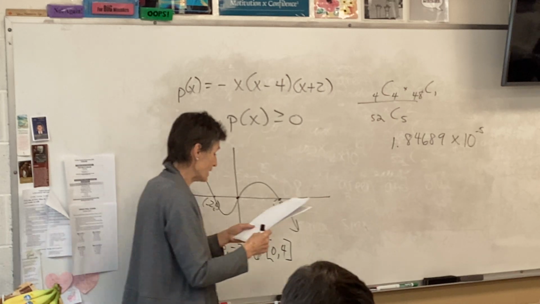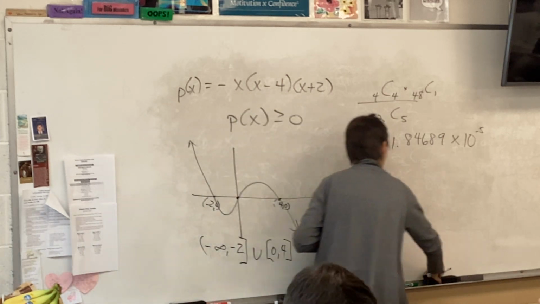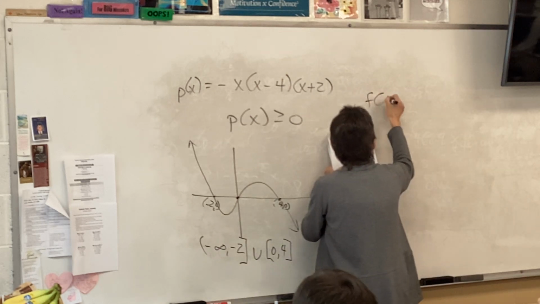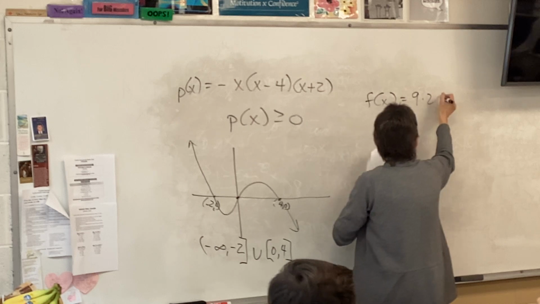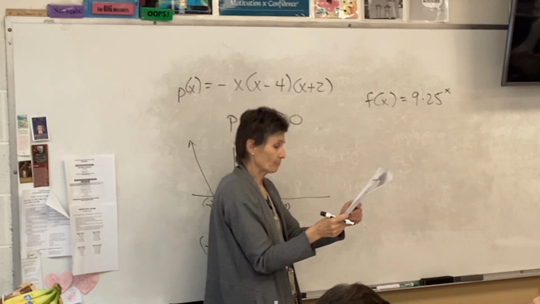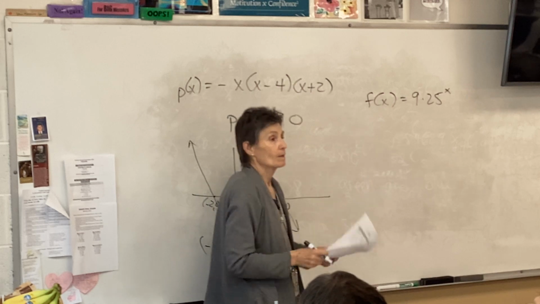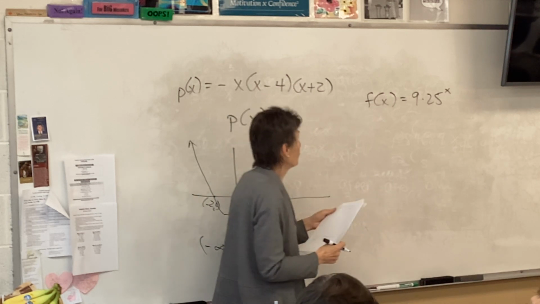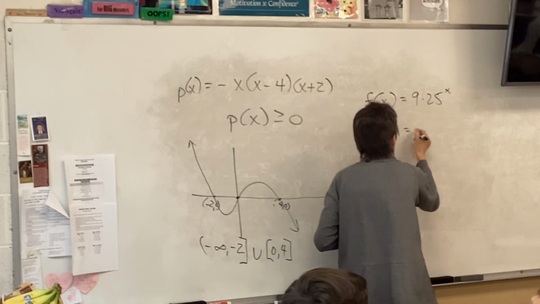All right, we have f of x equals 9 times 25 to the x, and we need to rewrite it somehow. Well, what do we know about 25?